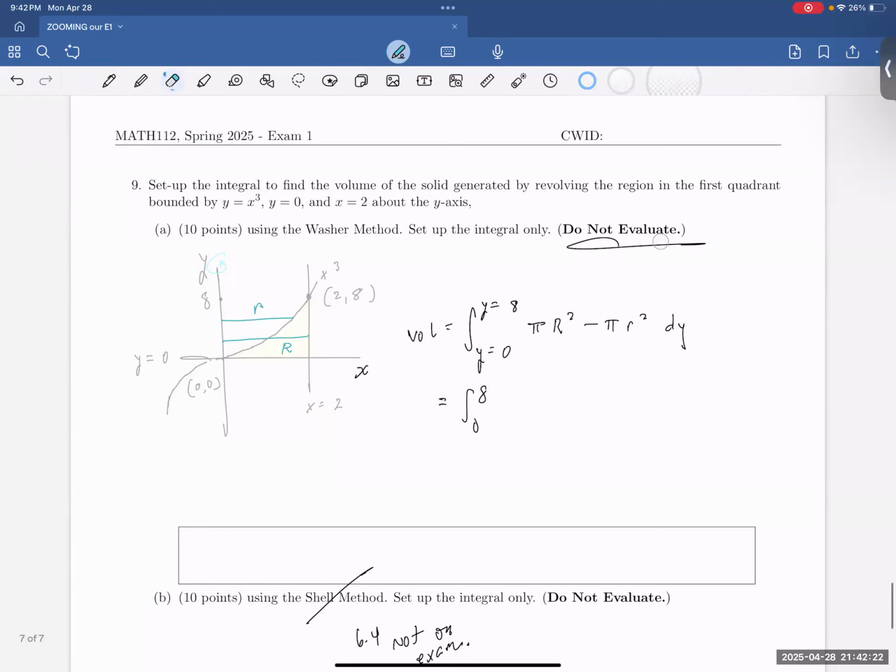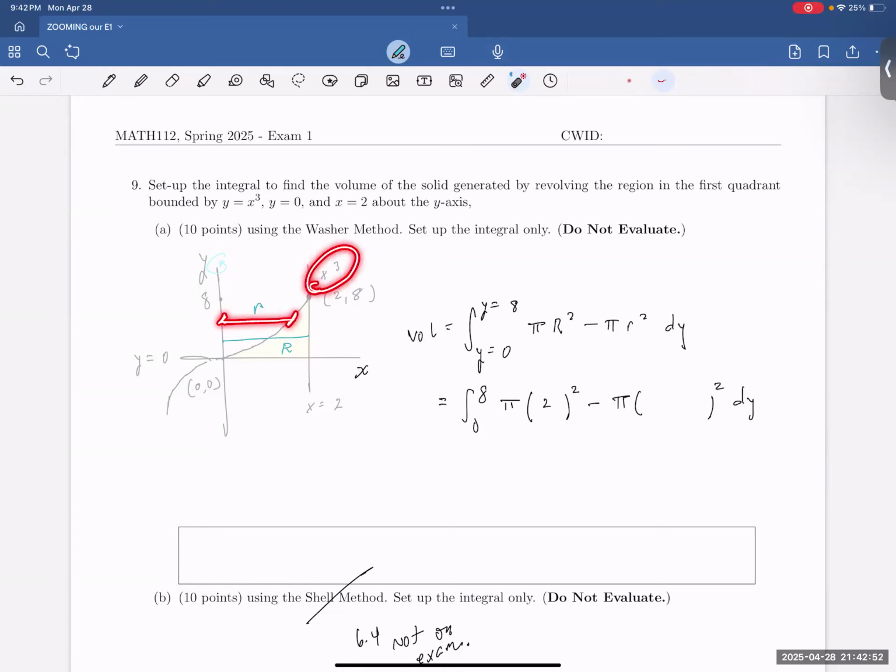So don't evaluate. Pi big radius squared is 2 squared minus pi little radius squared. The little radius is the horizontal distance out to that curve, and we measure from the y-axis out to that curve.